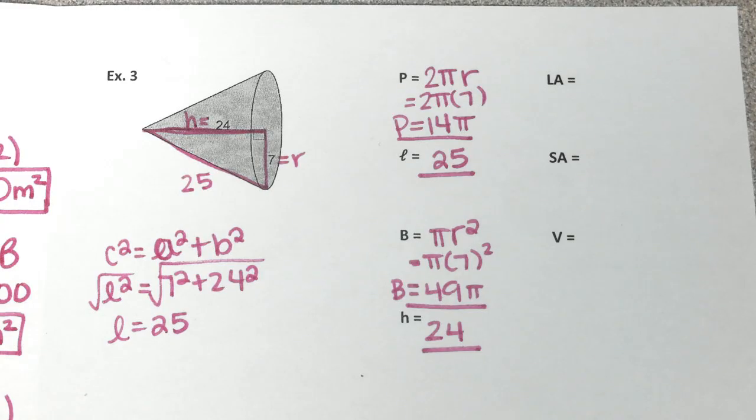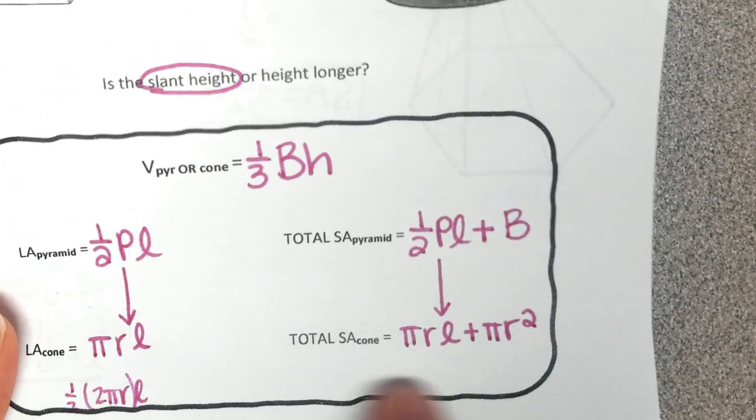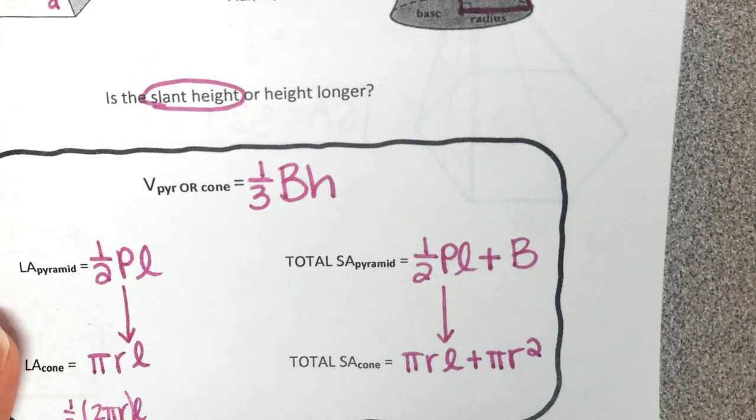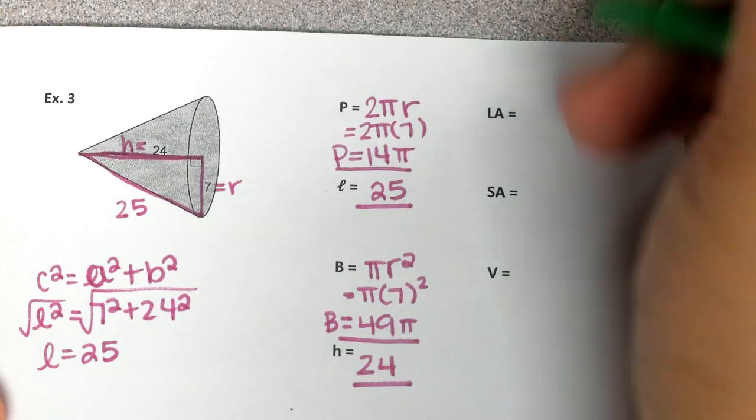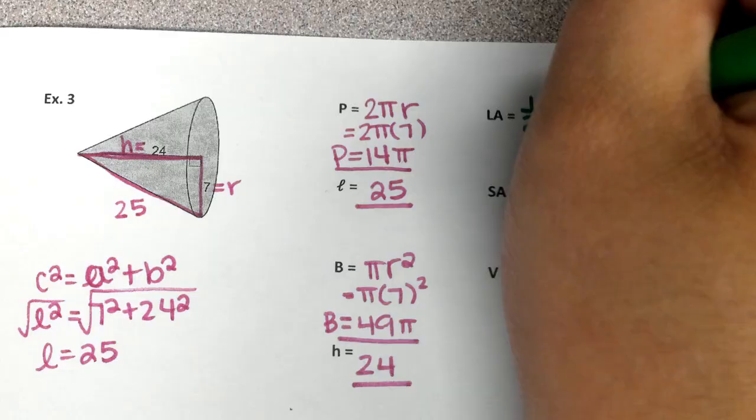Now, if I did not do all that for you, I would tell you, go back and use these bottom equations. But am I going to have you memorize these bottom equations? No, because if you can memorize the other one, to me it's better. So, what is the formula for LA of a cone? 1/2 PL.